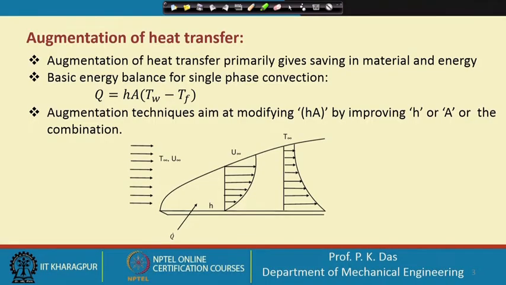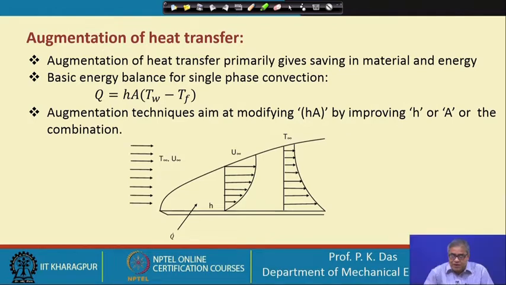So, first I have written: augmentation of heat transfer primarily gives saving of material and energy. Whenever we are talking about advanced heat exchanger, compact heat exchanger, obviously one of the main goals is to reduce the size of the heat exchanger.